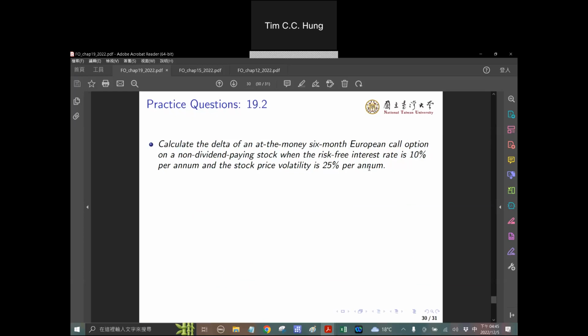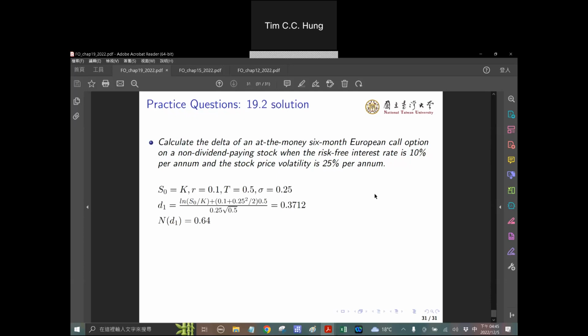Basically, it's asking how we do the calculation for d1 with these provided inputs. r equals 10%, sigma equals 25%, T equals 0.5 because there's half a year still before maturity. If you do your calculation, you know that it equals 0.3712.